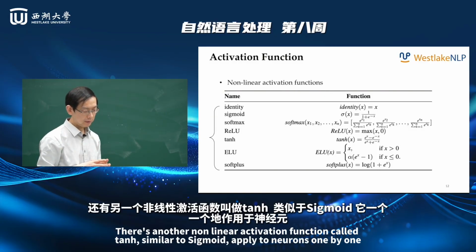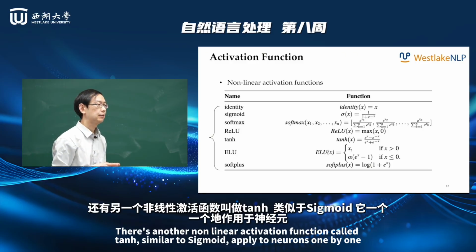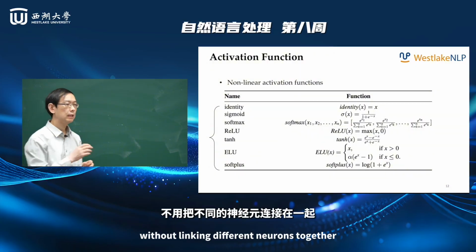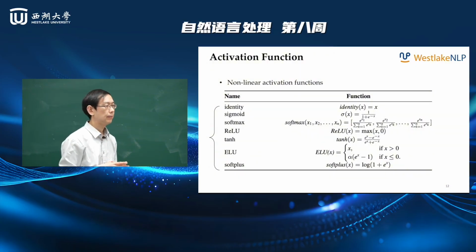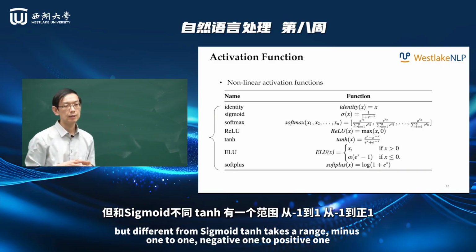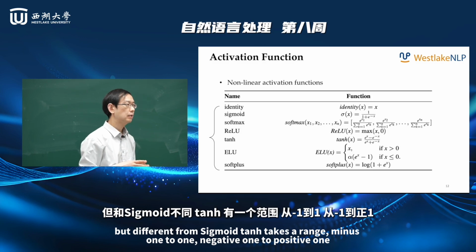There's another nonlinear activation function called tan(h). Similar to sigmoid, it's applied to neurons one by one, without linking different neurons together. But different from sigmoid, tan(h) takes a range of -1 to +1.